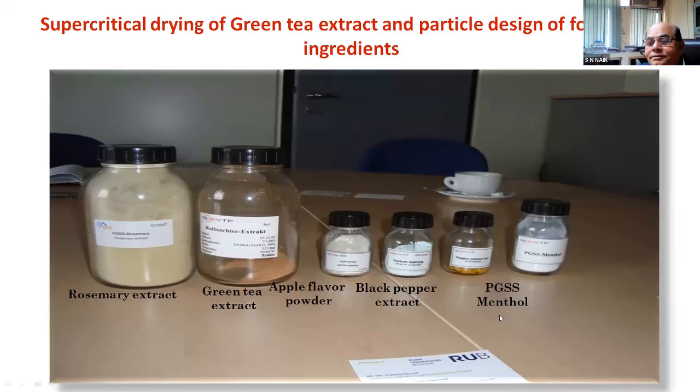Menthol, because India is a major producer of mentha, so you can make new particle flavor by supercritical drying. That is a particle design to replace your spray drying process.